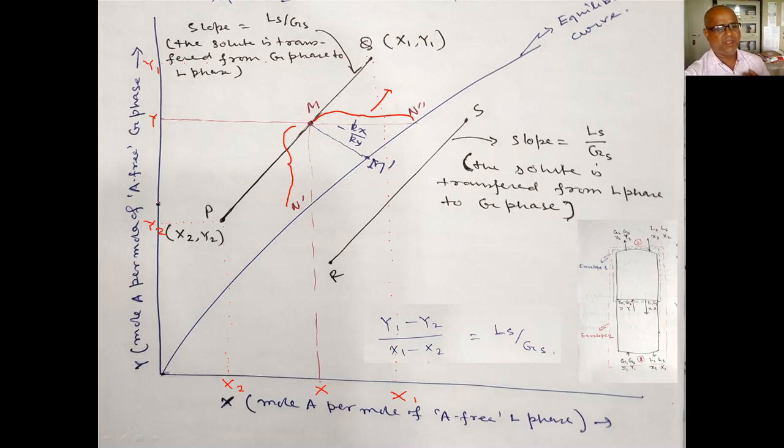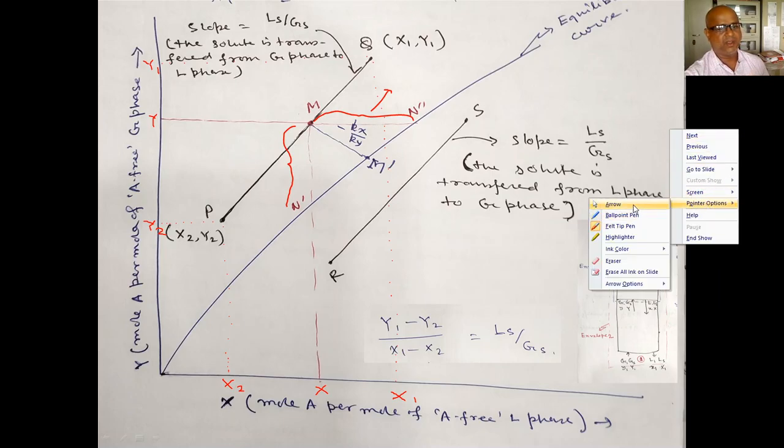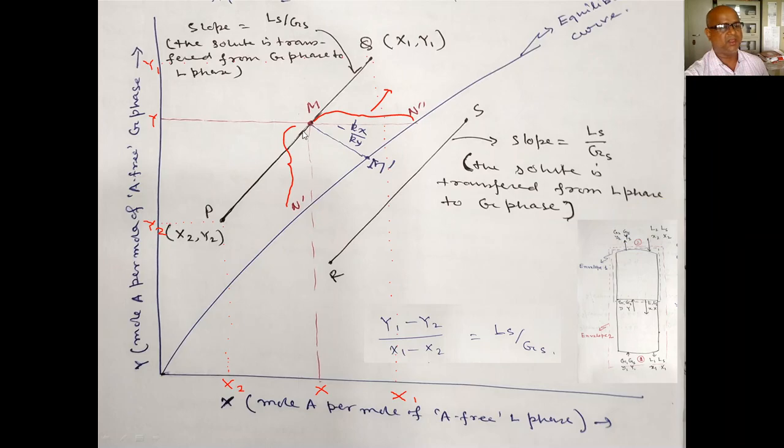So that means if your operating line is far away from your equilibrium line, then the driving force will increase. If this point is here, then your gas phase driving force and liquid phase driving force will increase, and if it is closer to the equilibrium, then the driving force will decrease, and then your separation will be difficult.